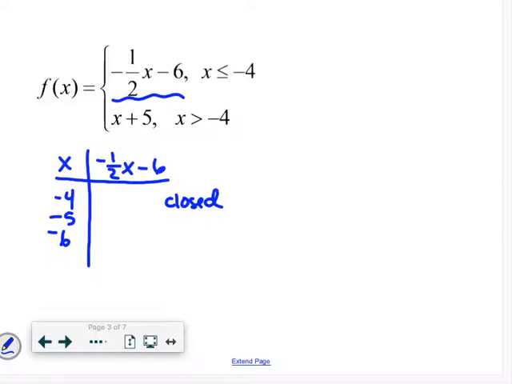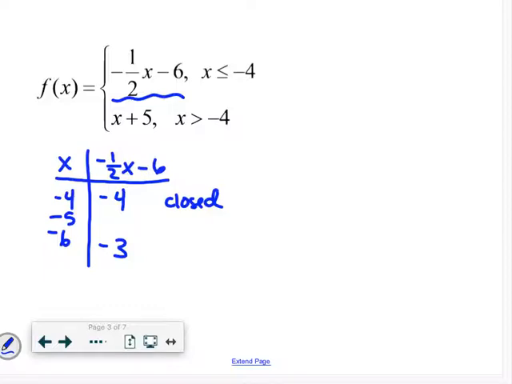So then you just plug in and evaluate. -1/2 times -4 is 2, minus 6 is -4. I'm going to skip the -5 because I'm going to get a decimal. Not that I couldn't do it, but I'm just going to jump down to -6 because I really only need 2 points to make a line. -1/2 times -6 is 3. 3 minus 6 is -3. What must -5 be?